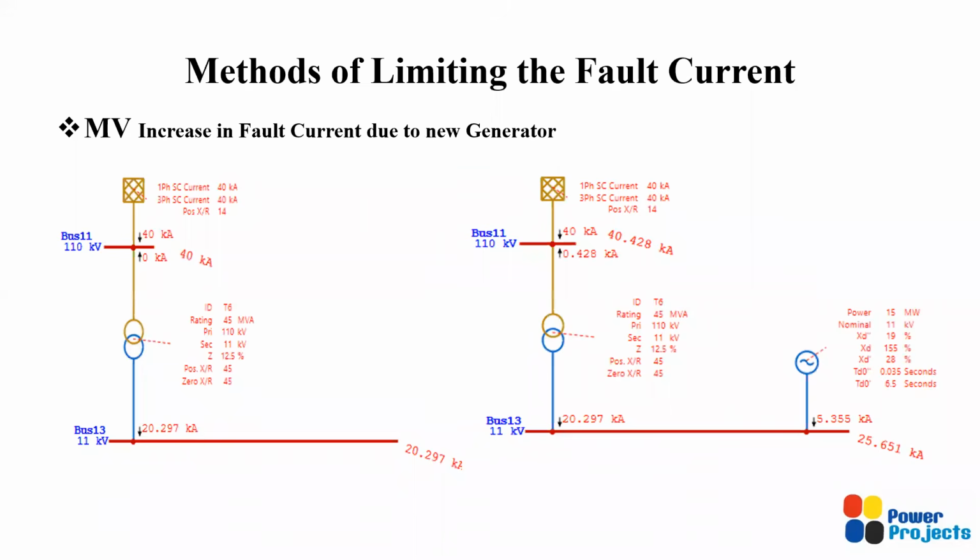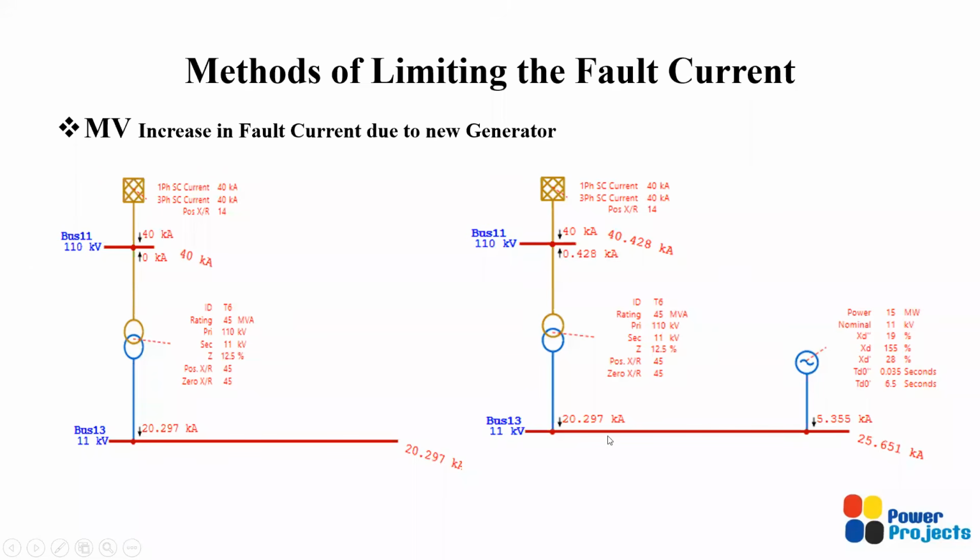In medium voltage, I have taken an example to showcase an industry which receives the power supply at 110 kV, stepped down to 11 kV. In normal operating conditions, the fault current is 20.3 kA. Over the period, assume that the industry brings in a new generator to meet their own local requirements, then that additionally adds a fault current of 5 kA.